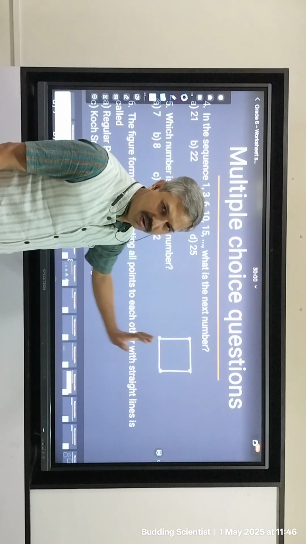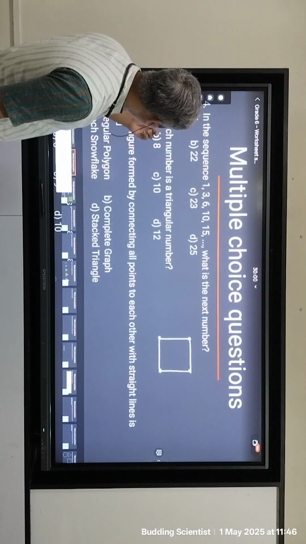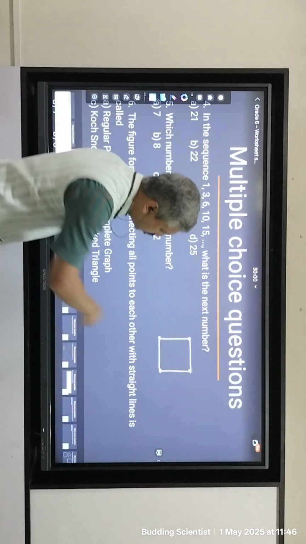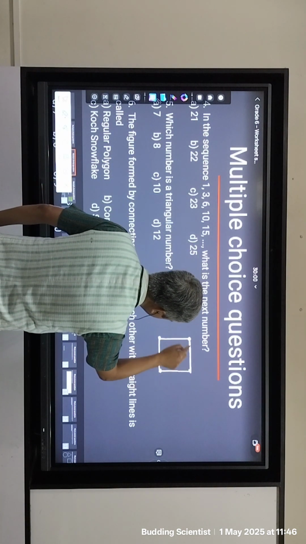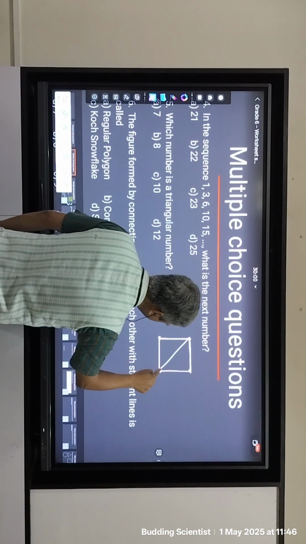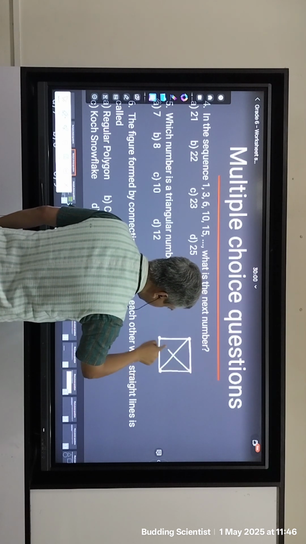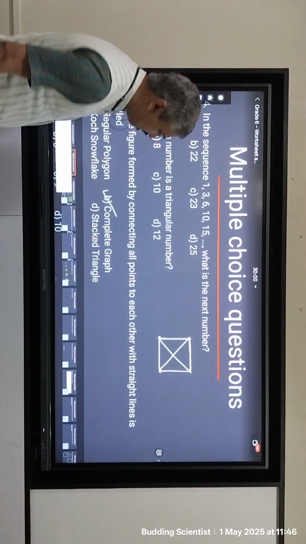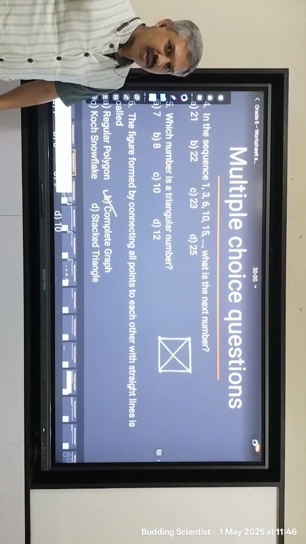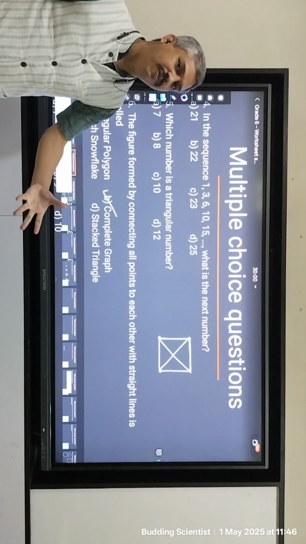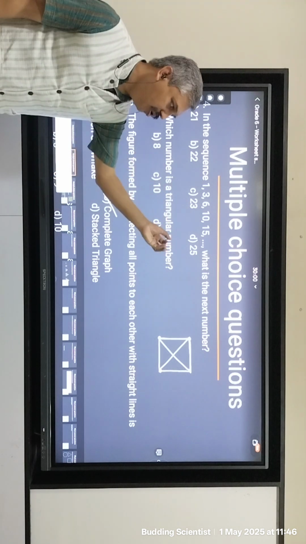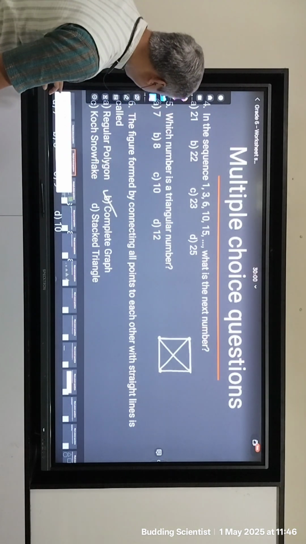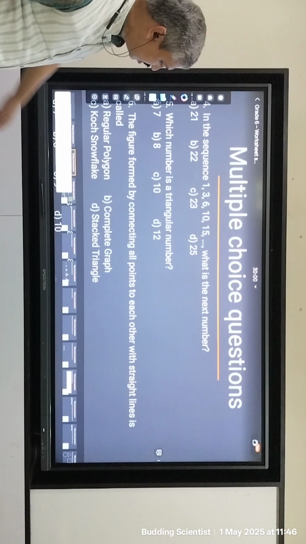This is called a polygon. But we are talking about all the points, the figure formed by connecting all the points to each other. So this point is not only connected to this or this, it is also connected to this. This is also connected to this. So every point is connected to everything. That is called a complete graph. B is the answer. If every point is connected to every other point, then the figure so obtained is called a complete graph. So the answer is B.